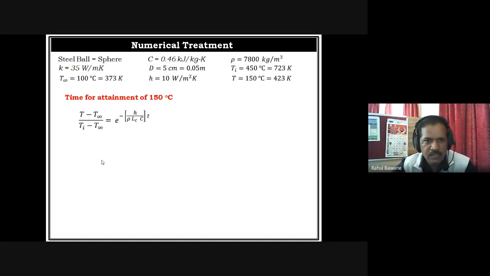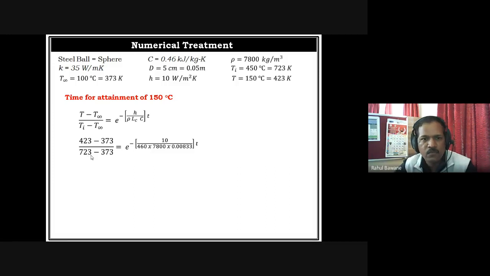So T is the temperature. Temperature becomes 150, and we have to find out time. So we put here all the temperatures in Kelvin. You may change into degree centigrade because it is just a difference. So 150, that is 423 Kelvin, minus surrounding 100, 373.